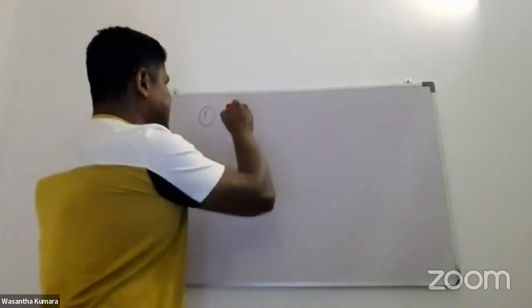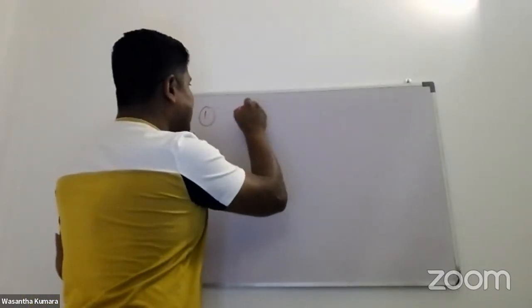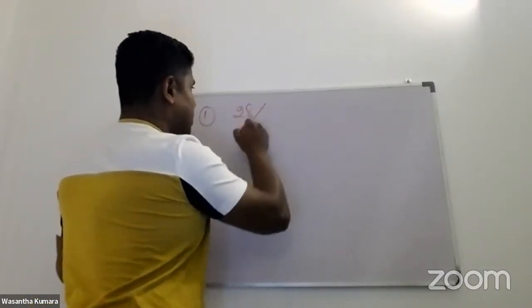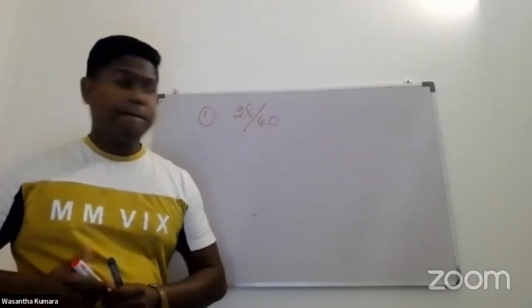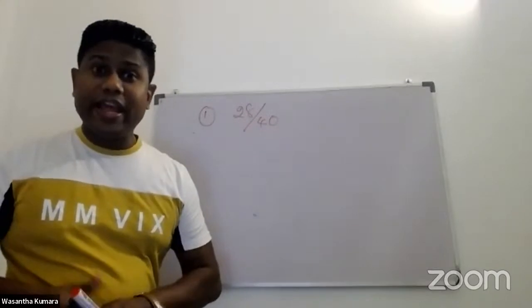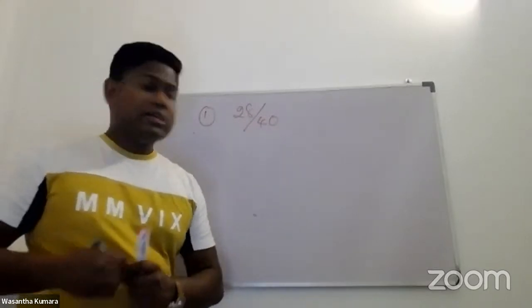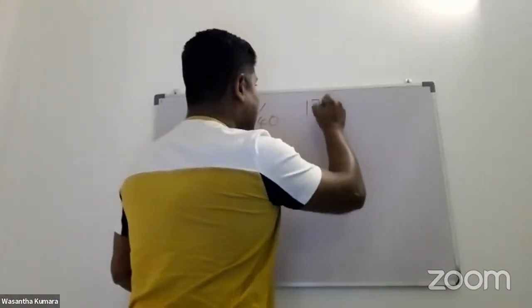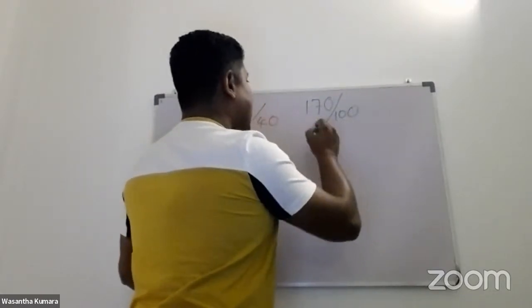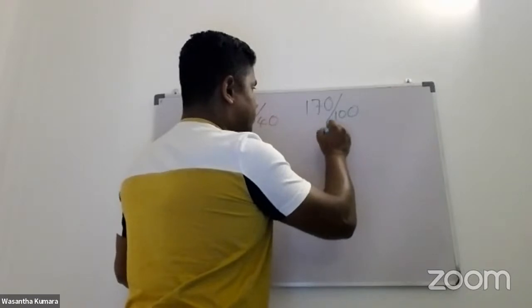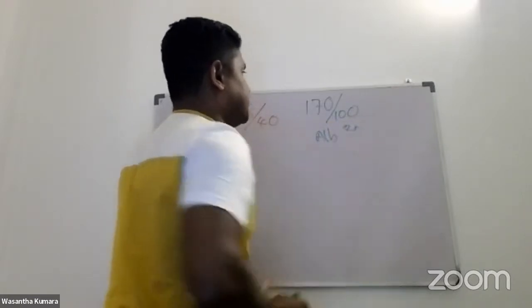First scenario is 28 weeks of pregnancy. Suppose blood pressure is 170 over 100 and albumin 2 pluses.